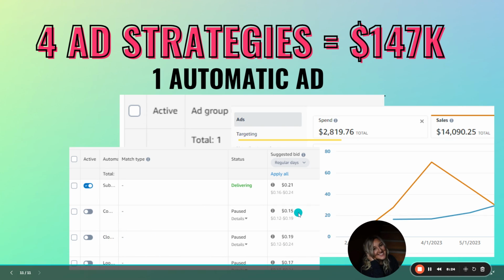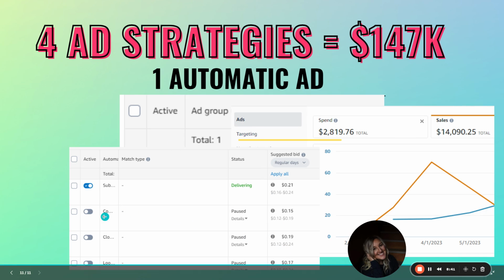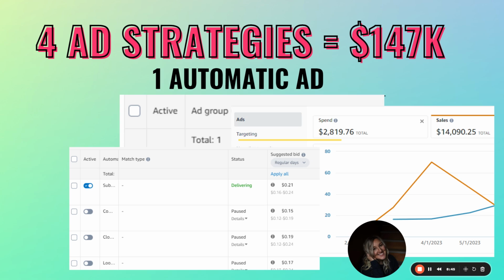And what's really interesting is that you'll get to a point where these are all going to be scaled at different bid amounts. And that allows you to save money because you're doing such narrow targeting with the 4 ad strategy. You can see here that these were all turned off. When I turned on complement, I knew I could start at 15 cents because I was already making sales.